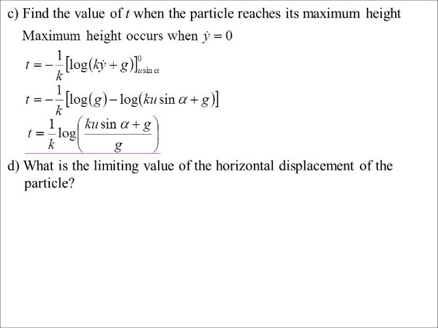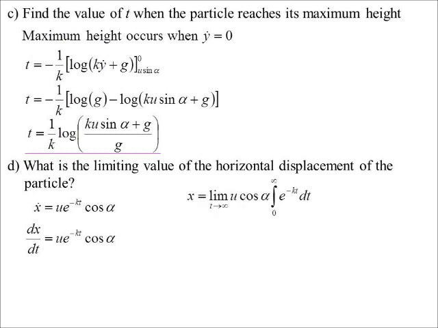What is the limiting value of the horizontal displacement of the particle? Okay, there's x dot. We're trying to find the limiting value. Well, dx/dt was u e to the minus kt cos alpha. So if I integrate both sides, x will equal, but I'm interested in the limiting value, so going from 0 to infinity, e to the minus kt.